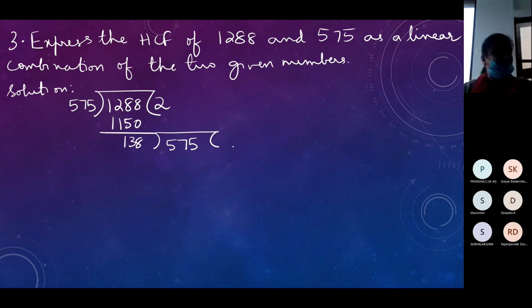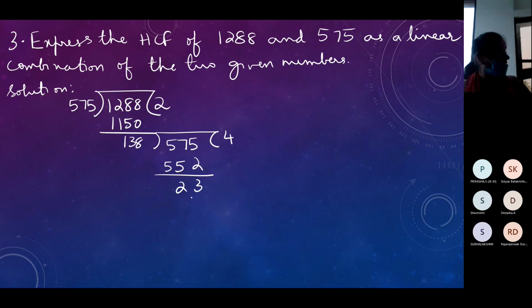Now again divide. How many times? Now tell me. 5? Yeah, do. 138 how many times? How much? Tell me everything. 4 times. 4 8s are 32, 3 carried over, 12, 15. Okay. And the remainder? 23.